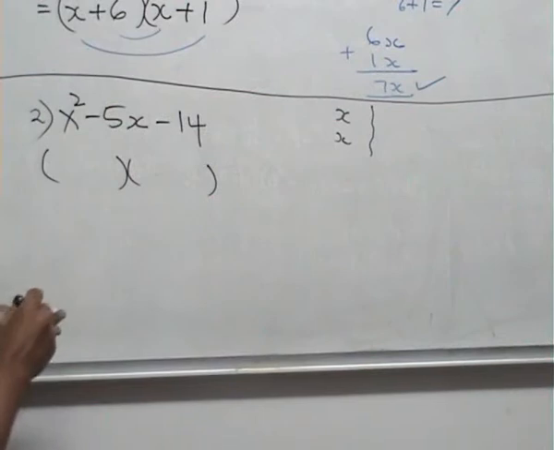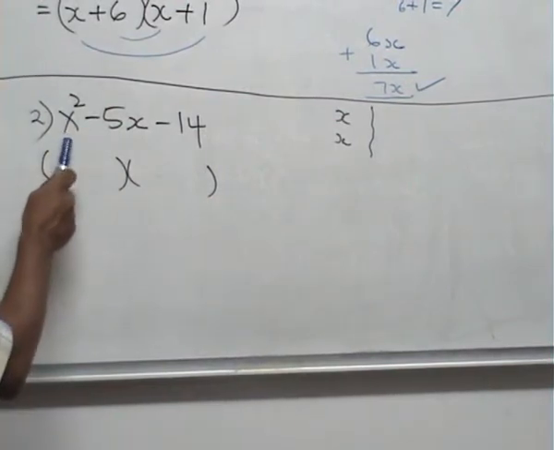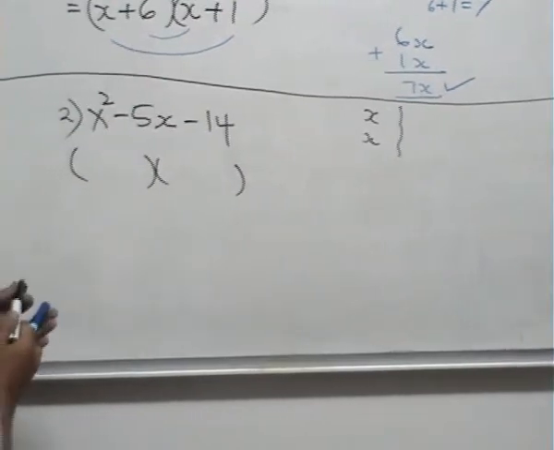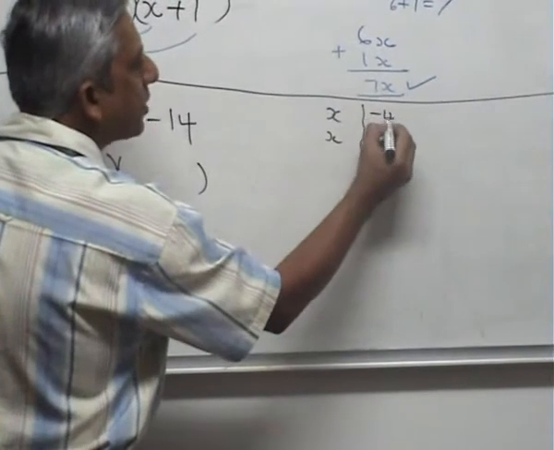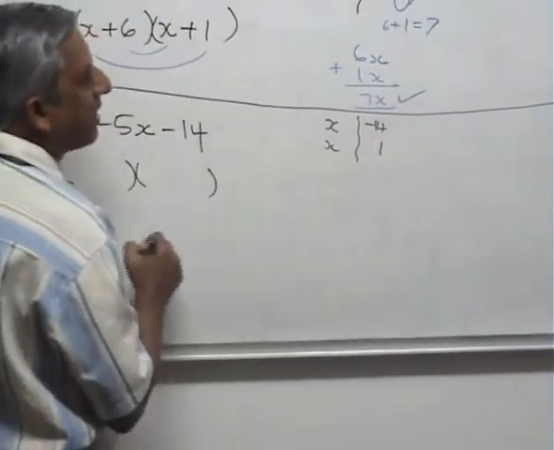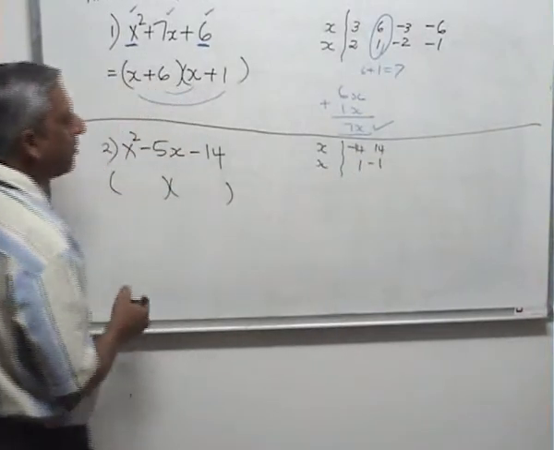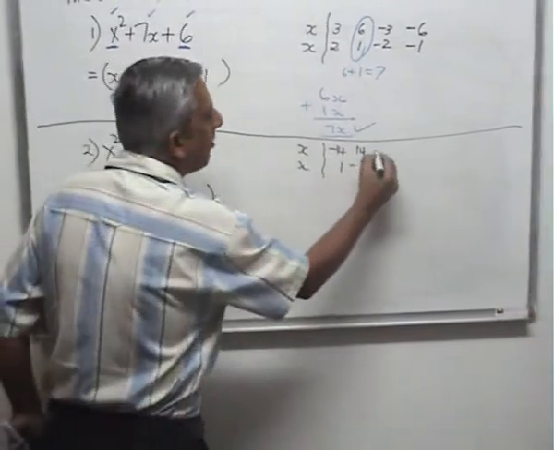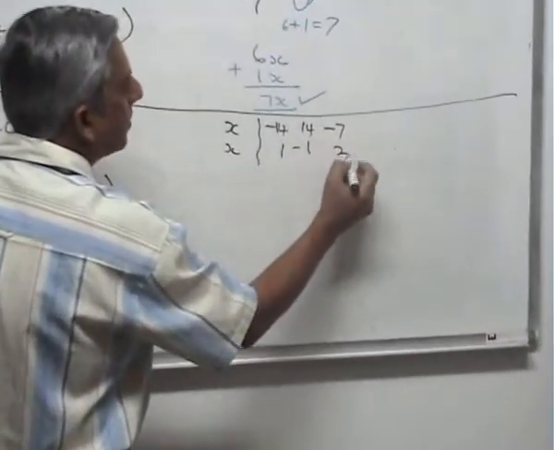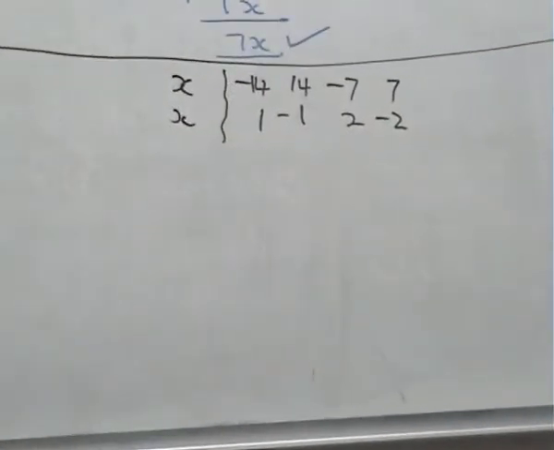So in the beginning, we look here, then we look at minus 14. What times what will give us minus 14? Well, minus 14 times 1 will give us minus 14. 14 times minus 1 will give you minus 14. Then minus 7 times 2. Then 7 times minus 2. So there are many choices here that give you minus 14.